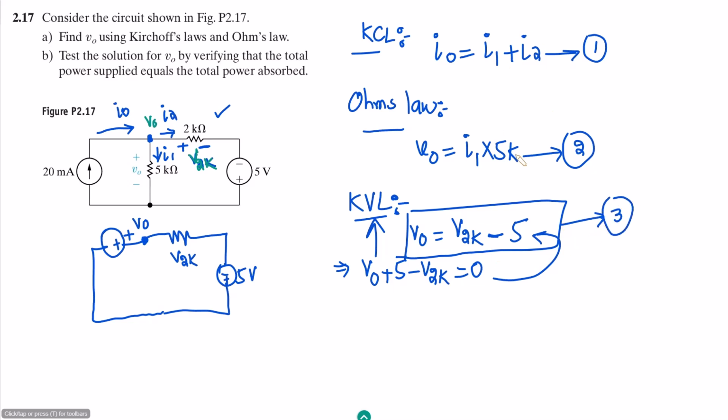So now we have three equations, 1, 2 and 3. In this equation the value of V2K is what? We can see that this is I2, and I2 is moving through this resistor and giving us the voltage. Therefore the value of V2K is I2 multiplied by 2K.